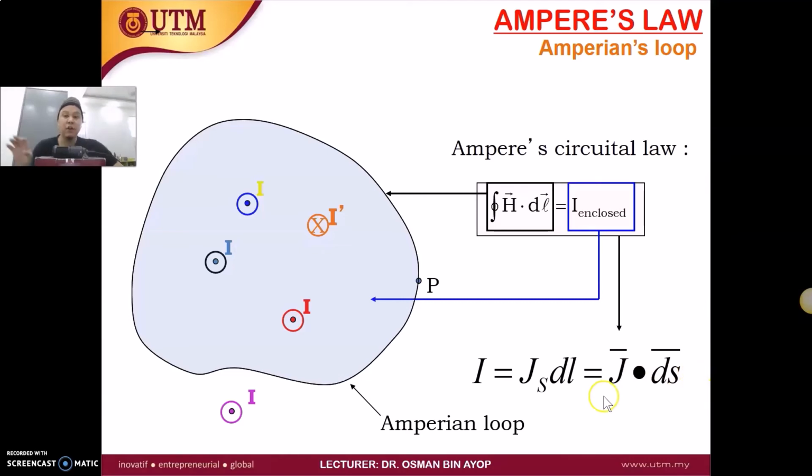So the volume current will flow through the dS. So J dot dS is actually the current. I equals Js dl equals J dot dS is a current where the unit is ampere. It's the same thing, only the condition of how the current exists differs.